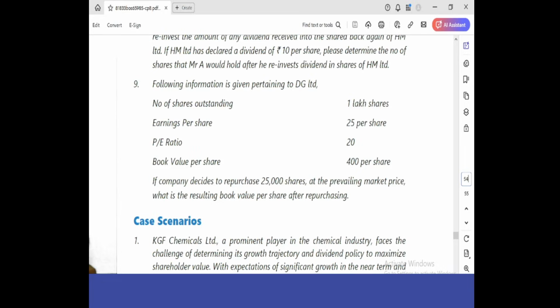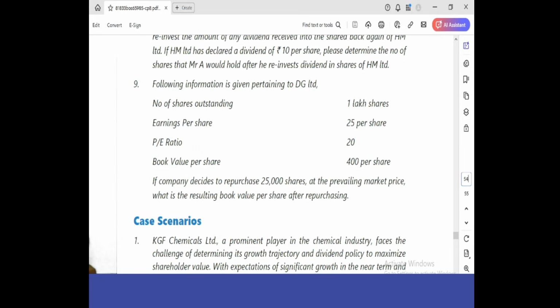And you should also know this formula by now. Price earnings ratio equals market price per share divided by earnings per share. Or I can say price earnings ratio multiplied by earnings per share will give you the market price per share, right? Yes. The price earnings ratio into EPS is market price.